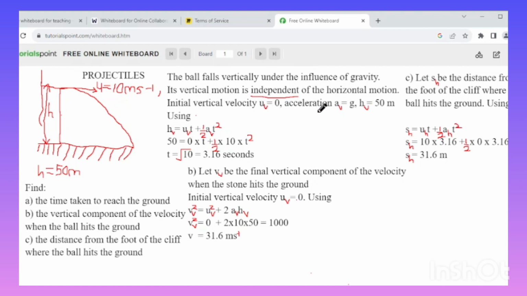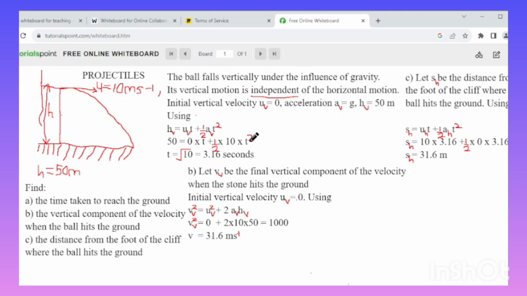The acceleration, a subscript v, which is the vertical acceleration, equals g, and g equals 10 meters per second squared. Then we have the vertical height, which is the vertical displacement, that is the height that the ball covers downwards, which is 50 meters.